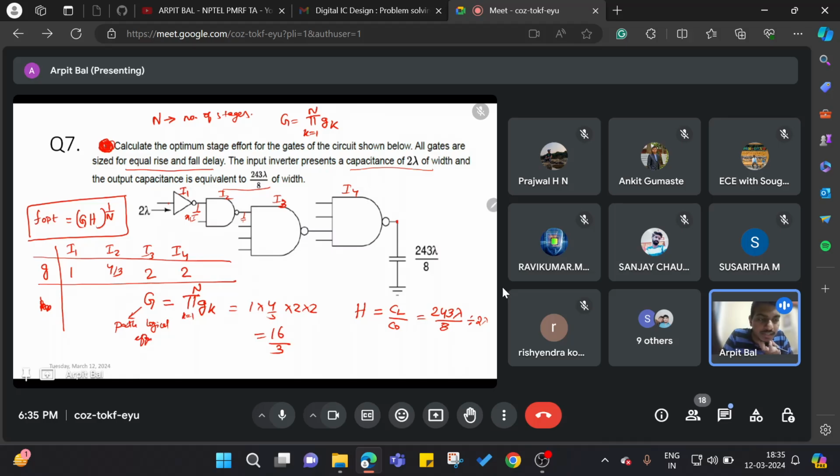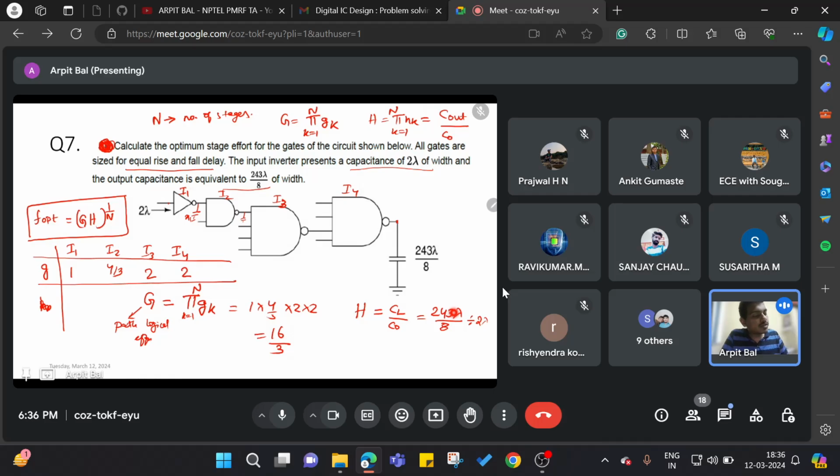H represents the path electrical effort. H also represents the product of individual electrical efforts, but the moment you take the product, you end up with C out, that is the C load, by C0. C0 is the input capacitance that was mentioned to you.